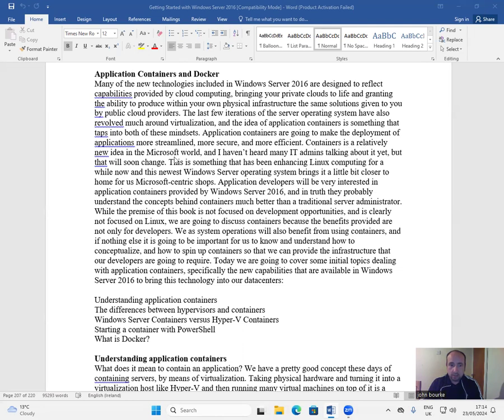Containers is a relatively new idea in the Microsoft world, and I haven't heard many IT admins talking about it yet, but that will soon change. There's something that has been enhancing Linux computing for a while now, and this newest Windows Server operating system brings it a little bit closer to home for us Microsoft-centric shops.